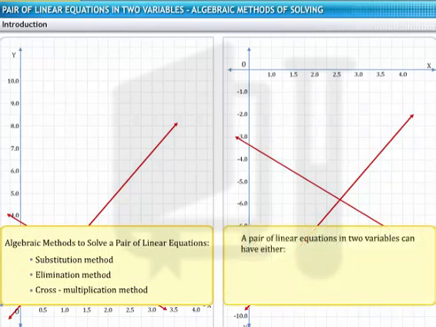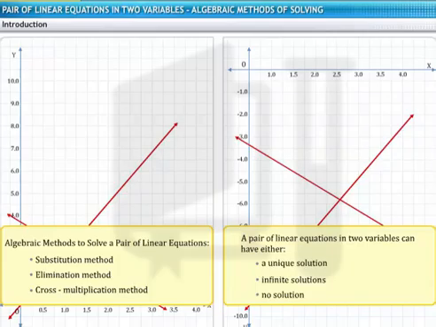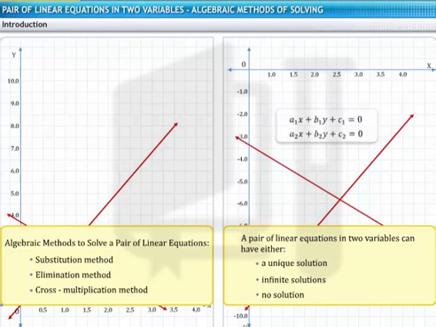Now, recall that a pair of linear equations in two variables can either have a unique solution, infinite solutions, or no solution. To verify this, we can compare the ratios of the coefficients of the x and the y variables. Consider the standard form of a pair of linear equations in two variables.